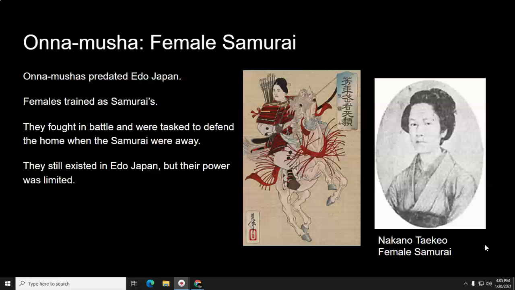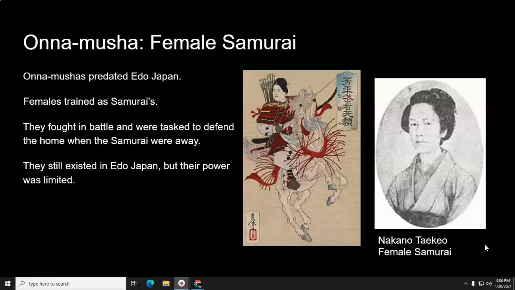They fought in battle if they needed to, but their main purpose was to defend the homeland, or the han, when the samurai were away. So when the samurai took that trip to be tested with the daimyo, the female samurai were in charge of keeping everybody safe.